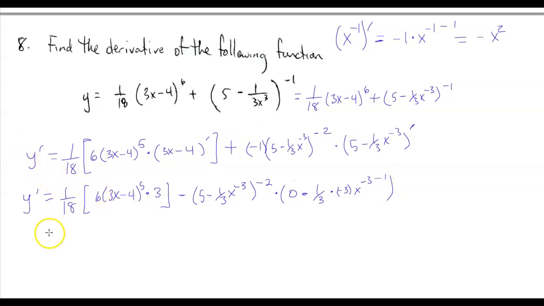All right. So here we know that 6 times 3 is 18, and 18 divided by 18 is 1. So all of this will end up just going to 1. So we'll have 3x minus 4, all that raised to the 5.